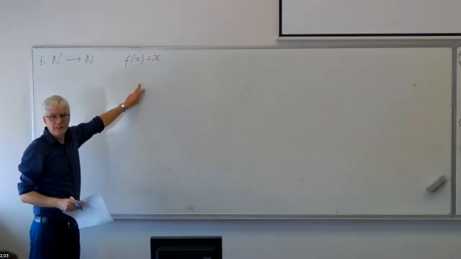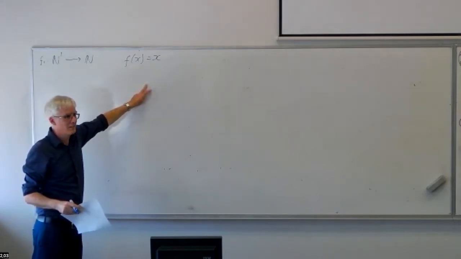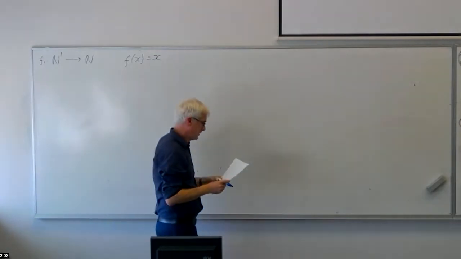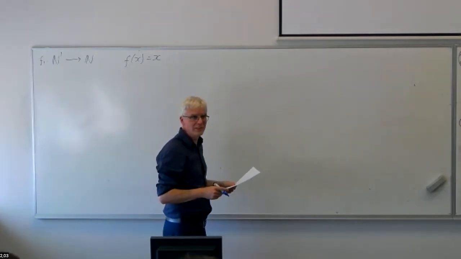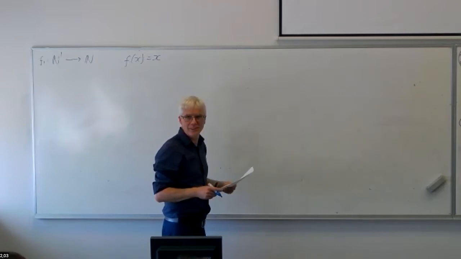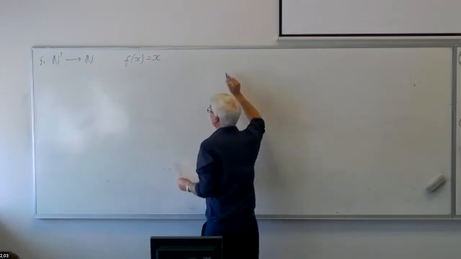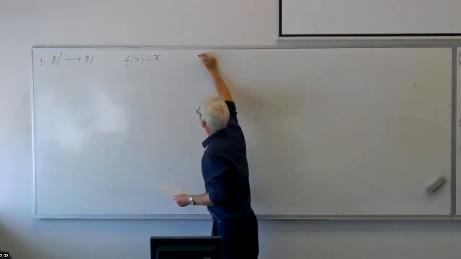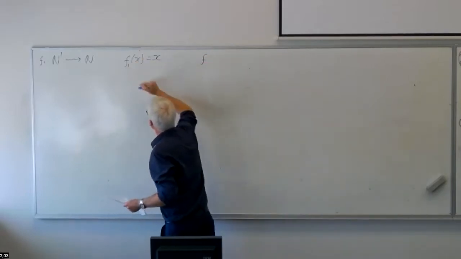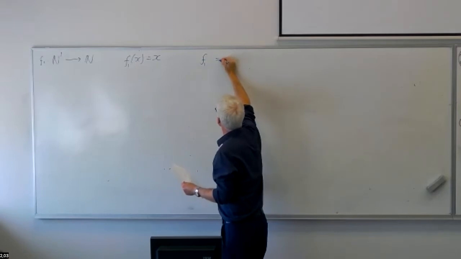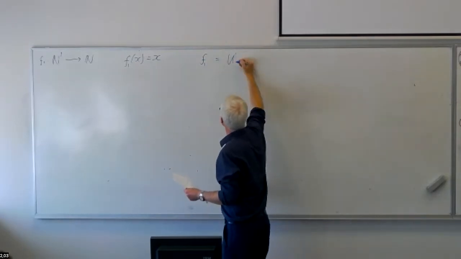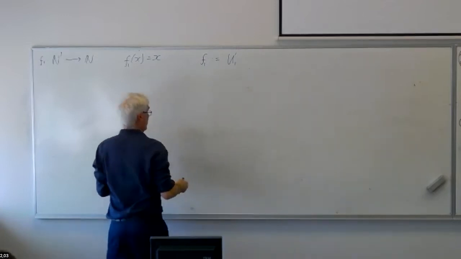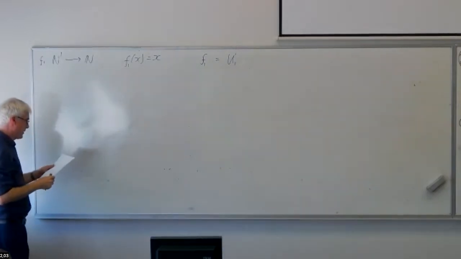Well, was the identity function one of our basic functions? Does anyone know the answer? Yes, projection. Very good. So indeed, it's projection from a one-tuple to itself. So f1 is certainly a primitive recursive function because it's just the projection U11 from the one-tuple to itself.